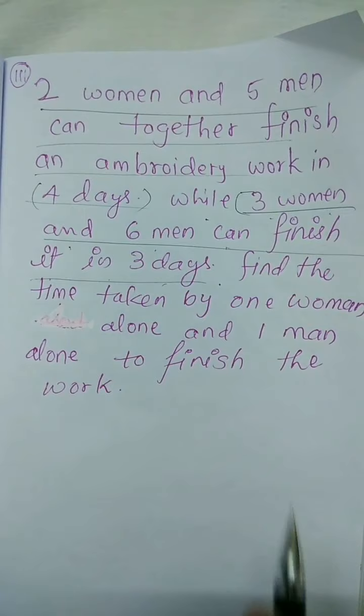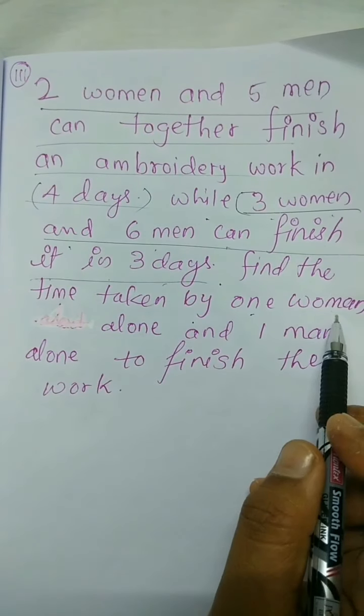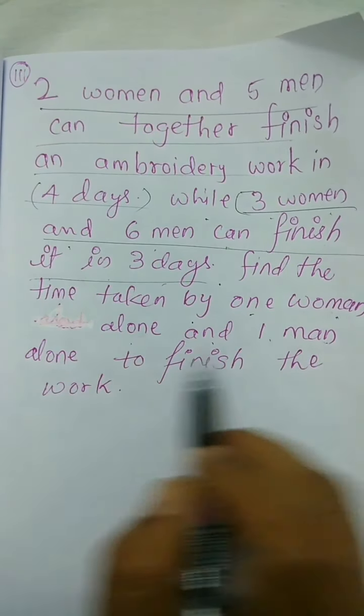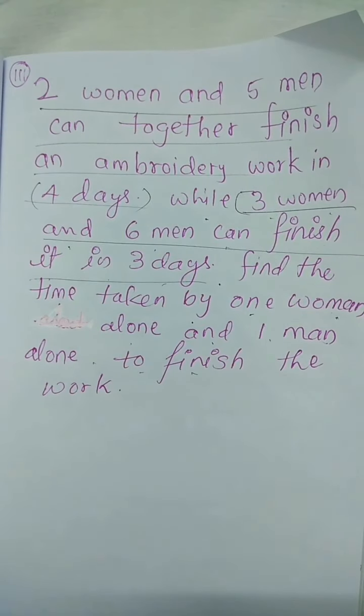We have to find the time taken by 1 woman alone and 1 man alone to finish the work. Means suppose only 1 woman can do that embroidery work, in how many days she will finish it? And if only 1 single man will do this embroidery work, in how many days that person will finish the work? That we have to find.